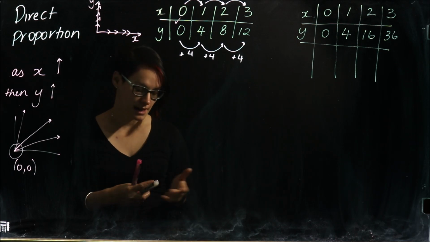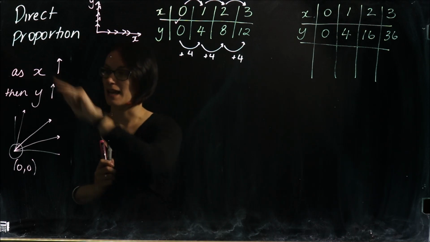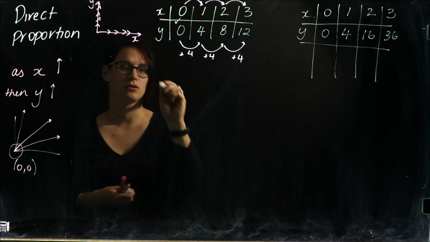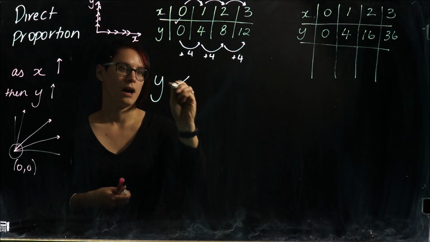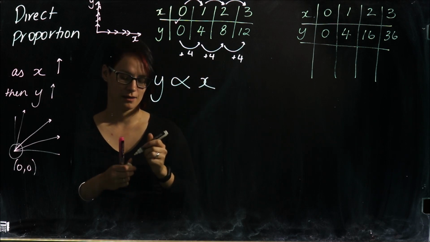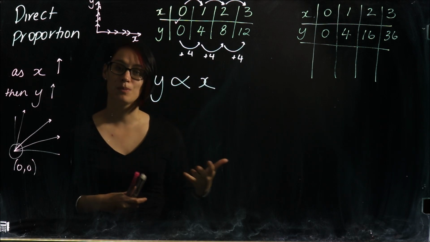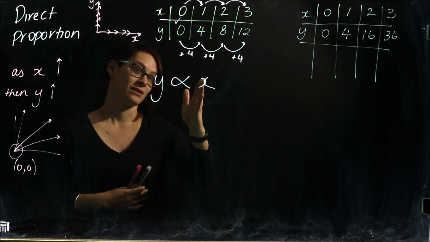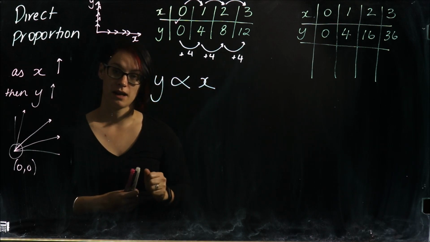So it's starting to seem like as x goes up in one way, y goes up as the other. What we want to look for is something that says y is proportional to x. Have a look at that symbol, is proportional to, it's like a little fish there. As x changes in one way, y is going up in another.